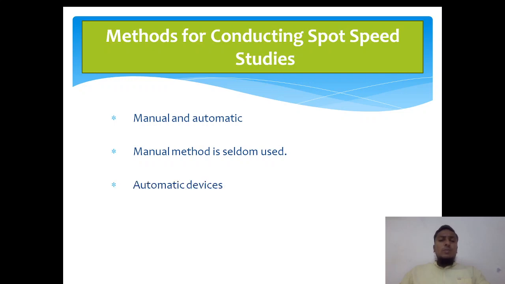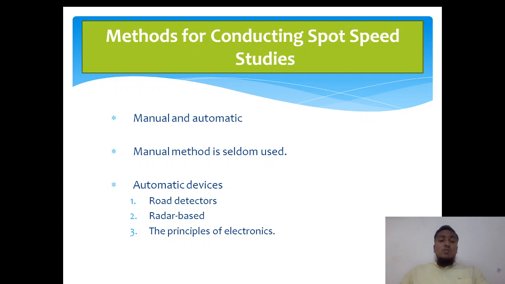So there are some automatic devices by using which you can easily find out the spot speed. What are those? Road detectors, and some instruments are radar based, and you can follow the principles of electronics. By using those techniques you can easily find out the speed of any vehicle.